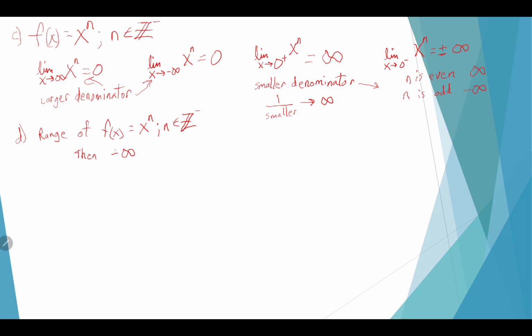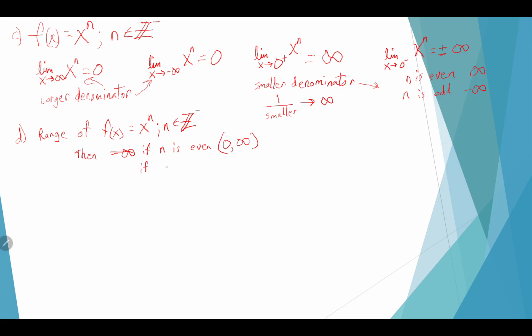So I guess, let's see. Let's do it like this. Let's not use this. Then if n is even, we get 0 to infinity.